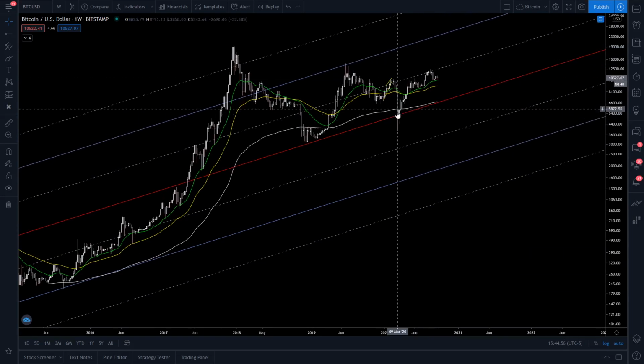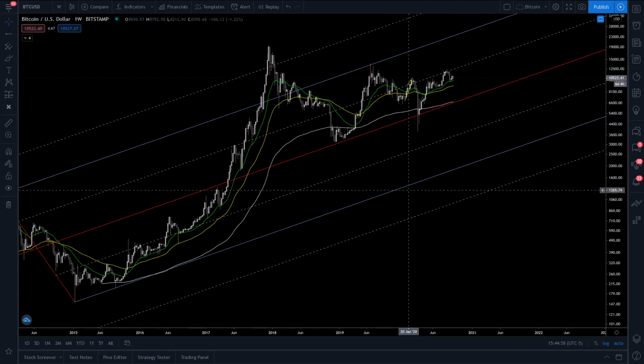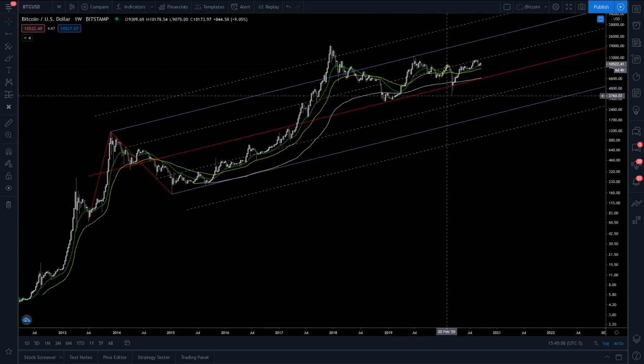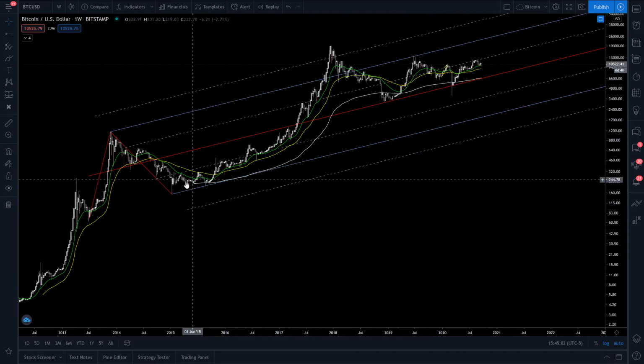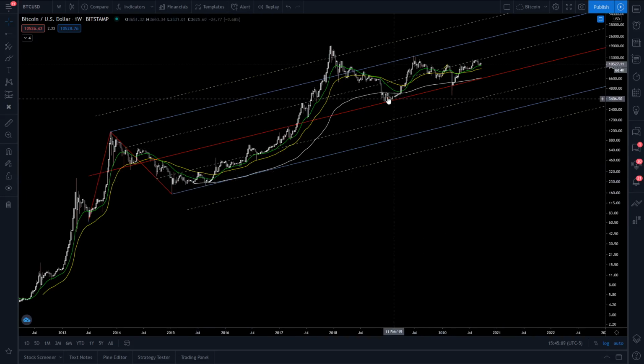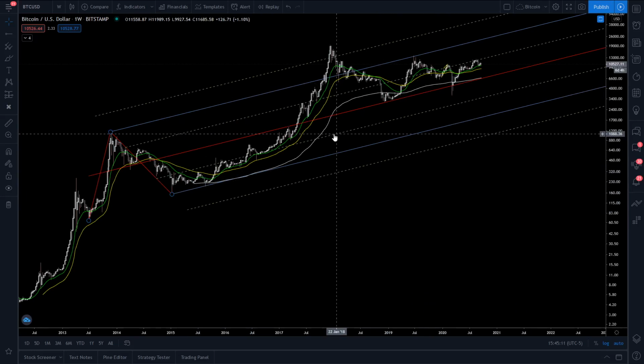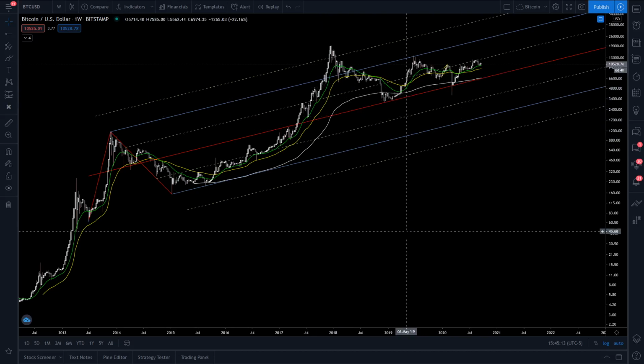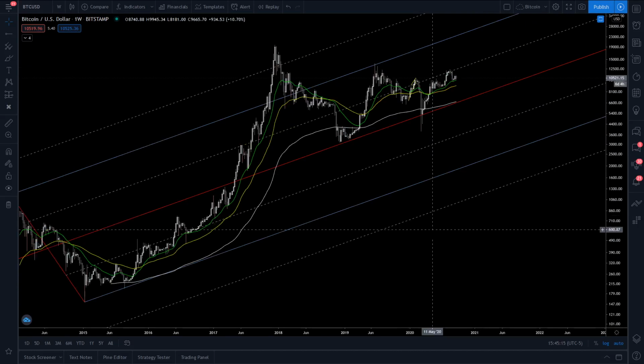So now that we know that, well, we don't know, but it's very probable, I would say, that this is a fractal pattern of the prior bear market low. You get that double bottom type of formation before continuing on, and the 200 EMA holding as support. We're also above the median line. It's all very bullish looking to me.